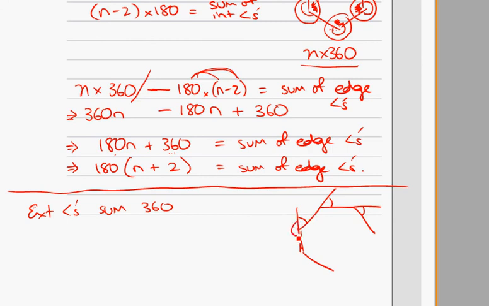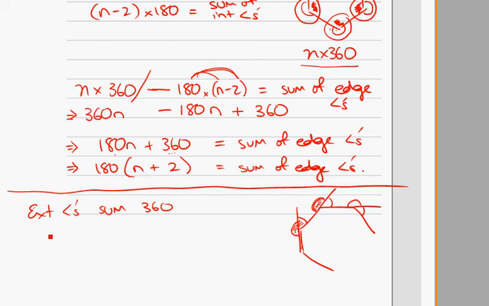And if I were to complete that, the exterior angles, by adding 180 to each one, then I've got myself an edge angle. So the edge angle is actually one individual exterior angle plus 180.